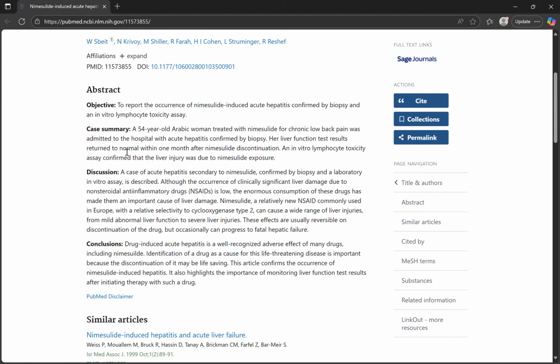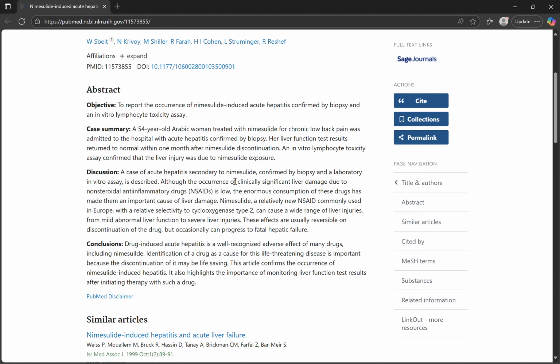This signifies a positive dechallenge. Next, an in vitro lymphocyte toxicity assay confirmed that the liver injury was due to the nimesulide exposure. That is, the drug was involved in the liver injury. So that is confirmed here.